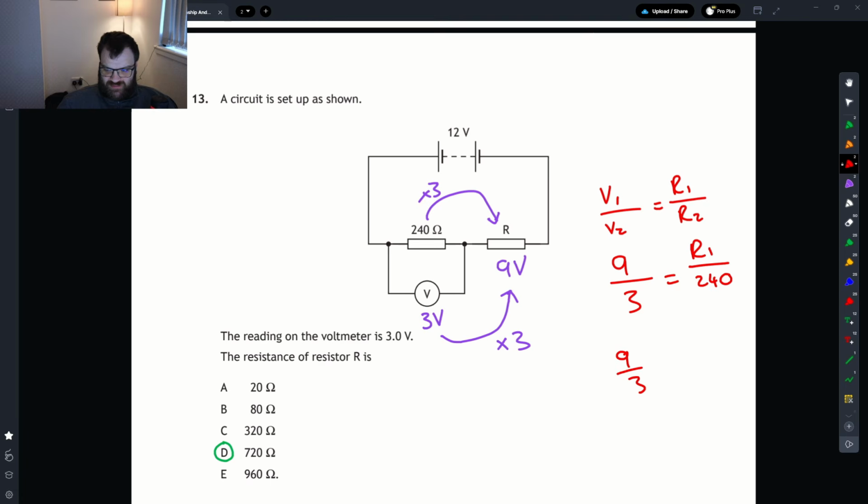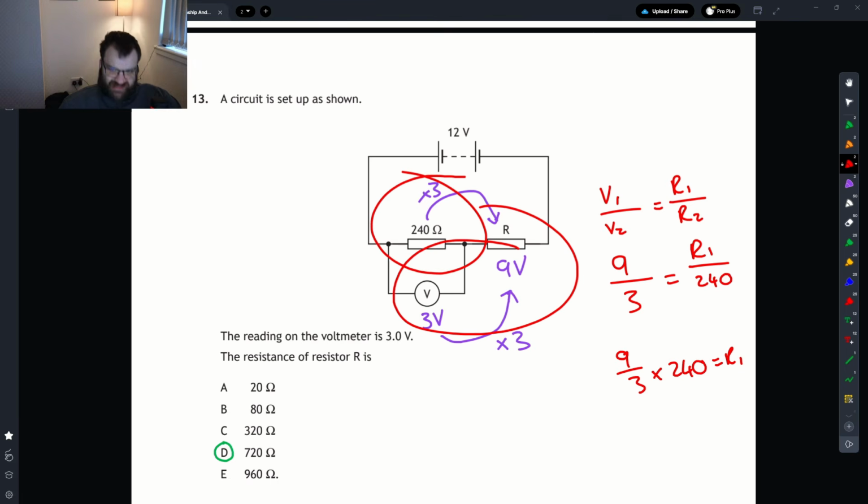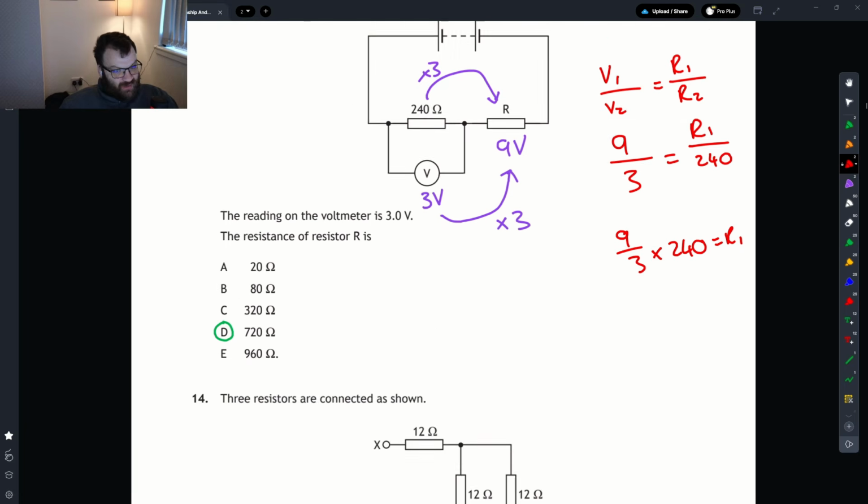So 9 over 3 times 240 would give us our R1. And that will come down to 3 times whatever it was, which is the same thing we ended up doing, just more instinctive rather than using the relationship, but both of them would work. So because we can work out all of the voltages involved, and we're given one of the resistances and told to find the other one, we get our way to the answer there.